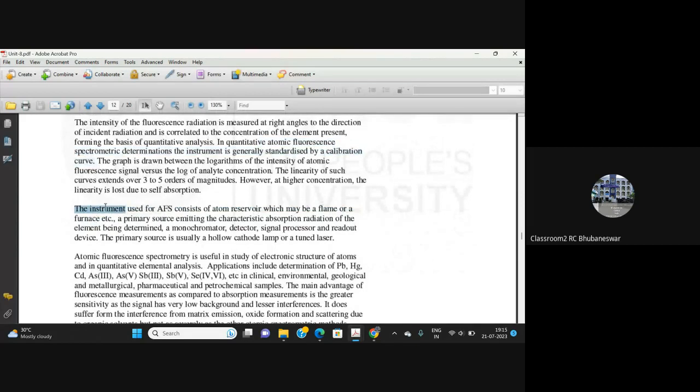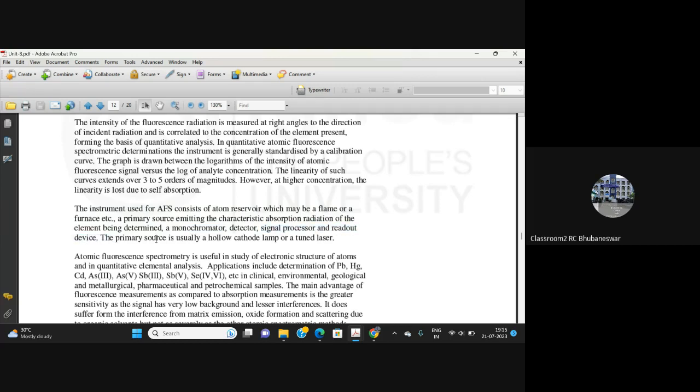The instrument used for AFS consists of an atom reservoir, which may be a flame or a furnace, then a primary source emitting the characteristic absorption radiation of the element being determined. A monochromator will be there, then a detector, then a signal processor.